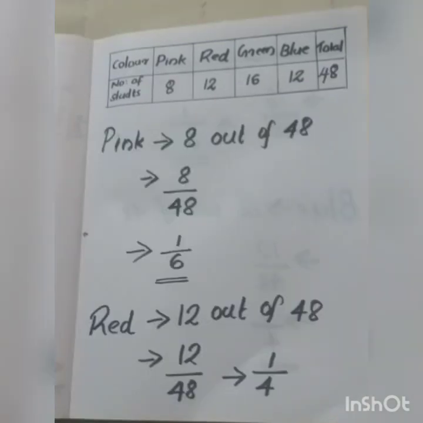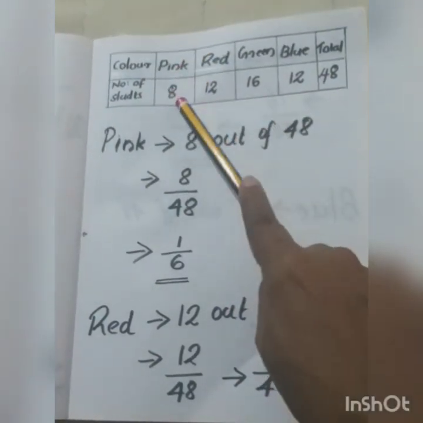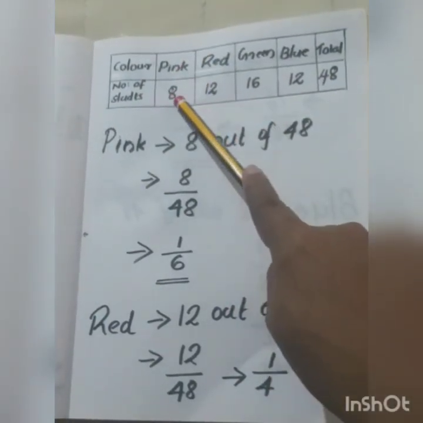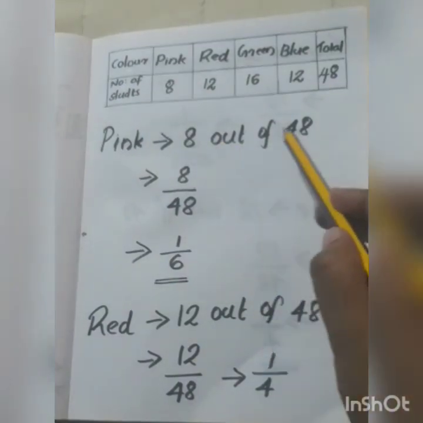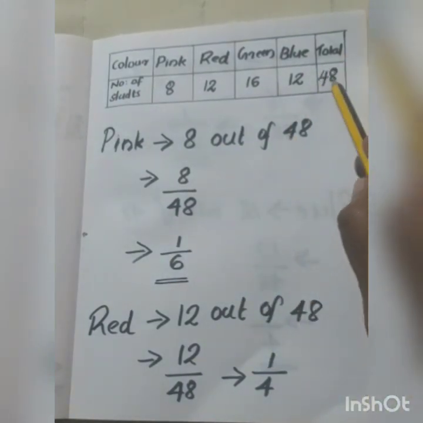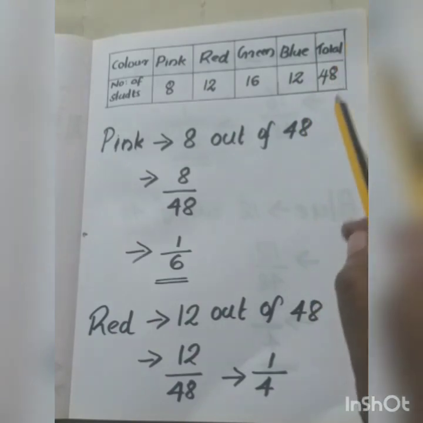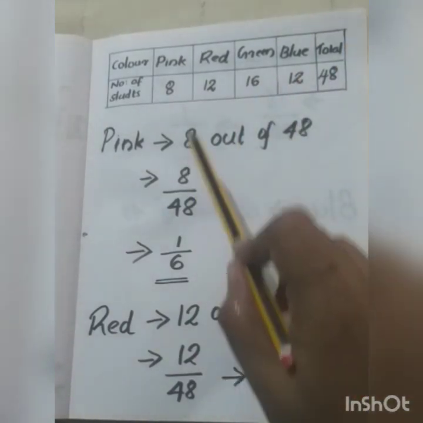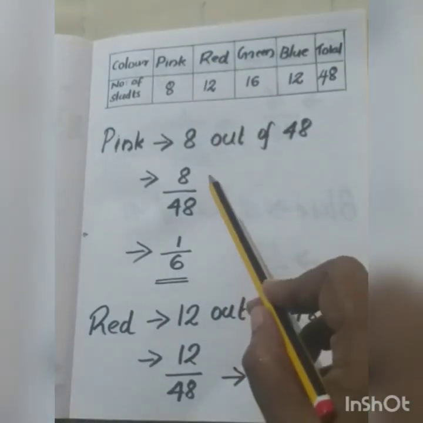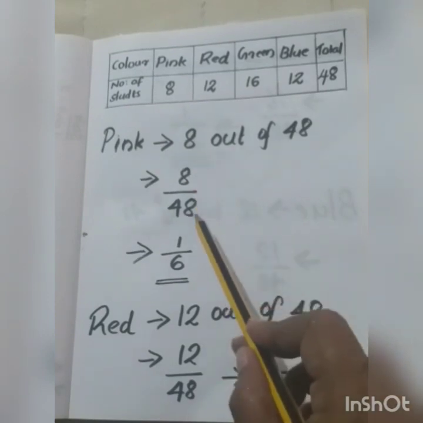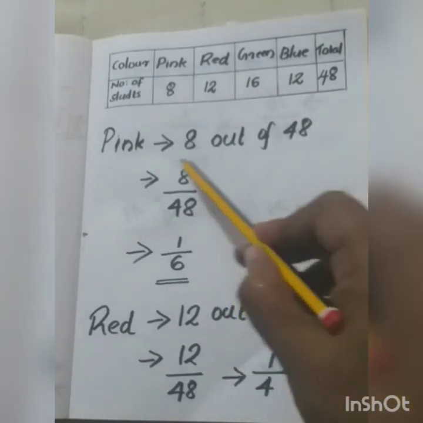So, finding out the portion taken by each color. First pink. Pink, how many students? 8 students. That is 8 out of 48. Total we have 48 students. So 8 out of 48, 8 students prefer which color? Pink. When we are representing it as a fraction, it is 8 by 48.